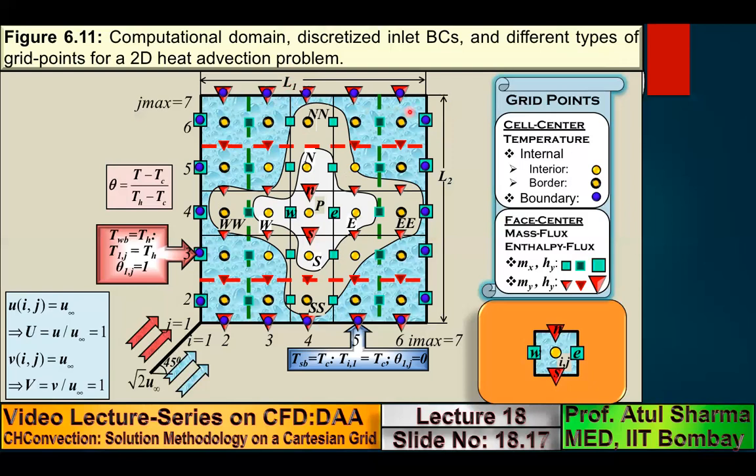So you can apply either the first order upwind scheme, in which the temperature here will be equal to this temperature, or otherwise you can also apply a second order scheme. So you have two possibilities to calculate the Hx on this green square, since you don't have any prescription of any boundary condition. So you can either use first order upwind or second order upwind scheme.